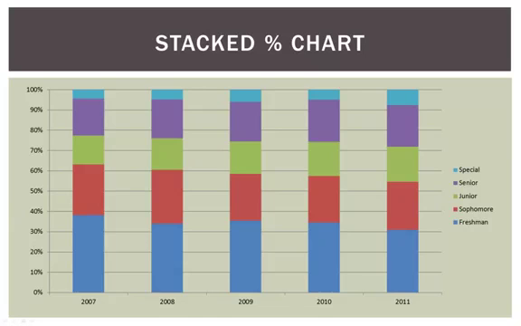Of course, the entire enrollment takes up 100%, so it's all relative here again. And you can see that the special color at the very top gets bigger, so it takes up a larger percent of our enrollment. Same thing for seniors, it appears, and juniors. And then sophomores seem to narrow in their percentage as we go across time. So this helps us look at relative percent for each year.